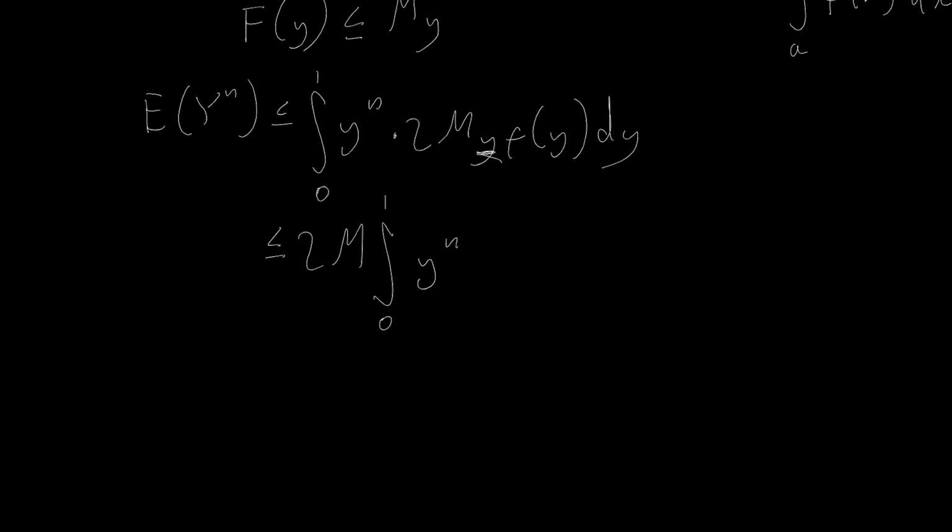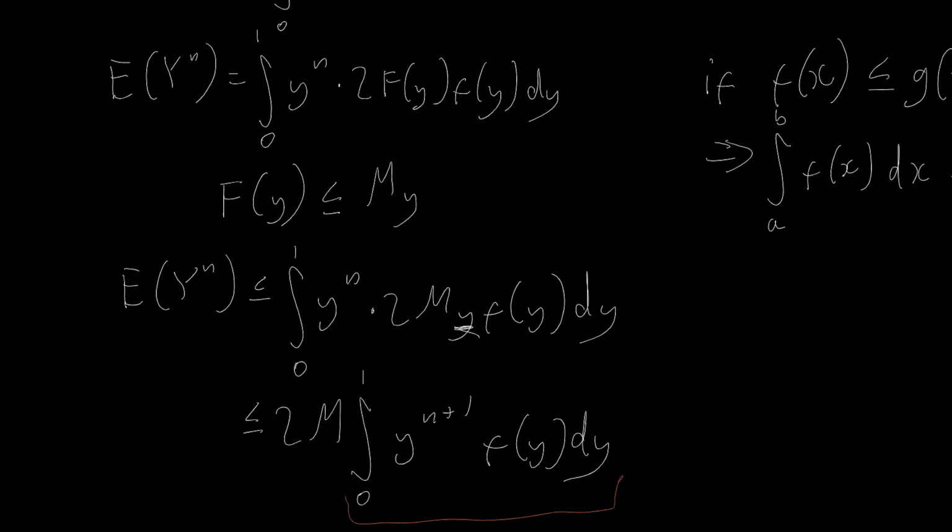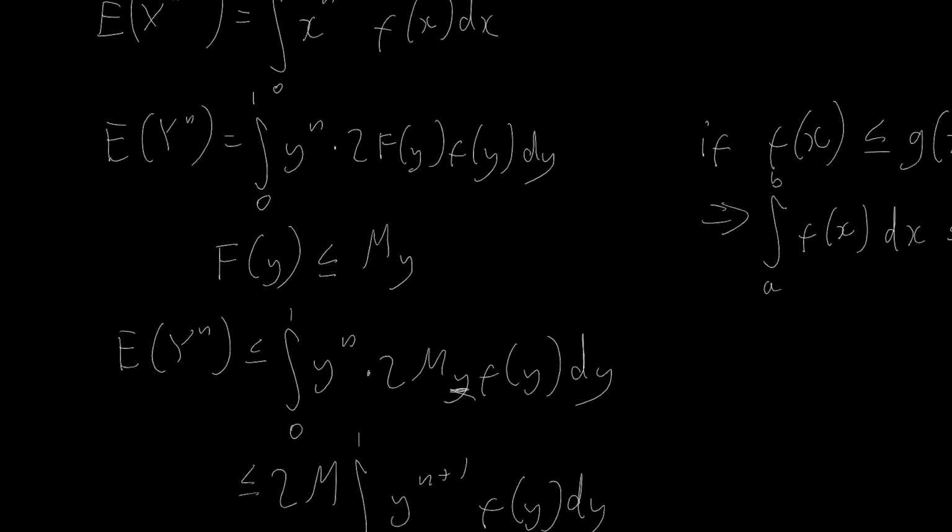So we get y to the n plus 1 f of y dy. Okay. Now, what did we say a moment ago? This integral here is fundamentally the same as this one up here.